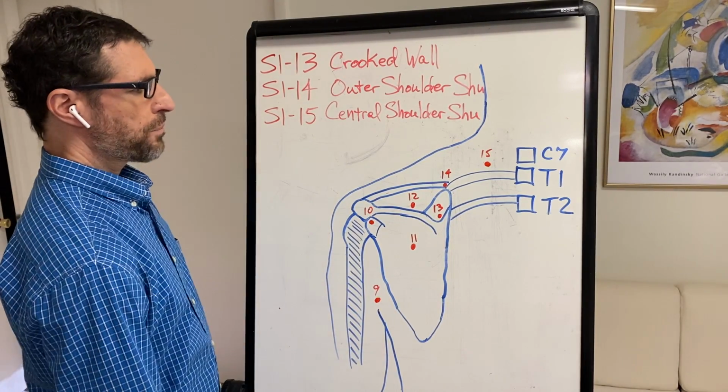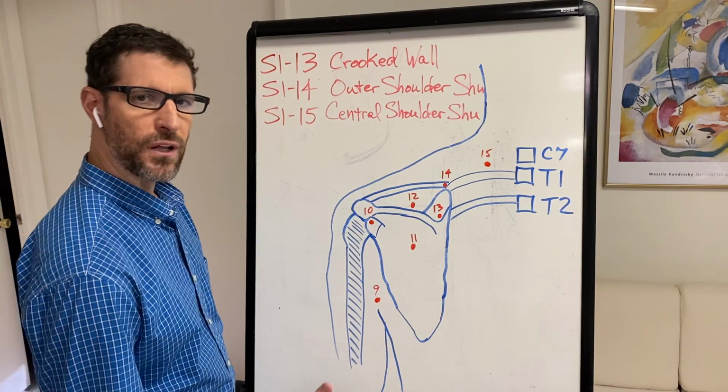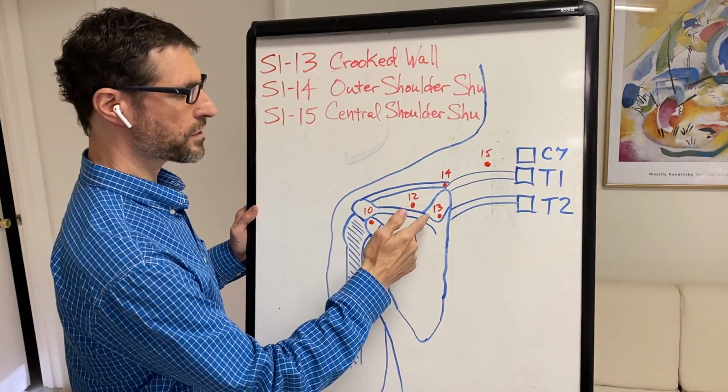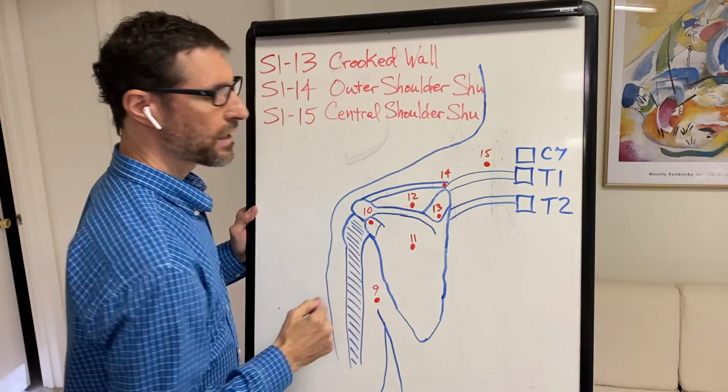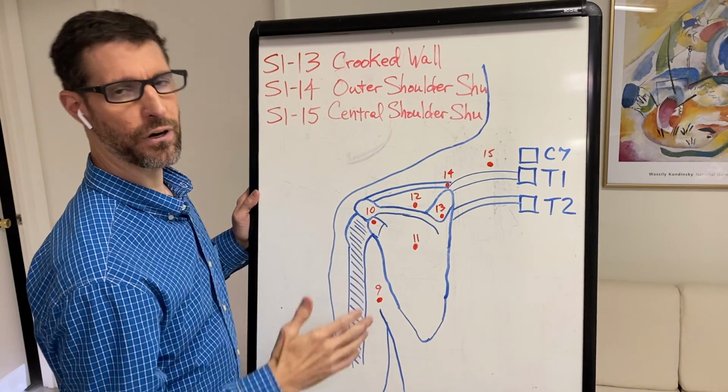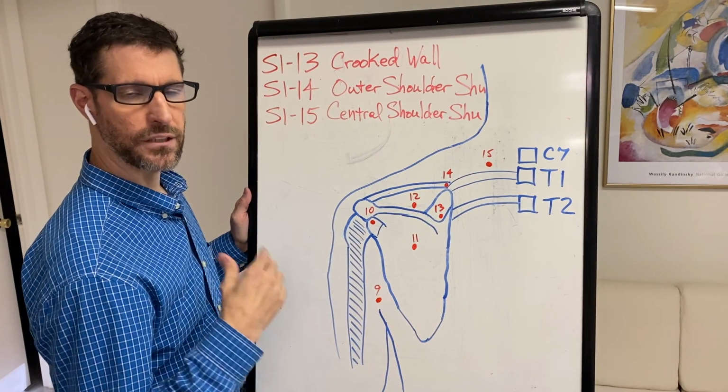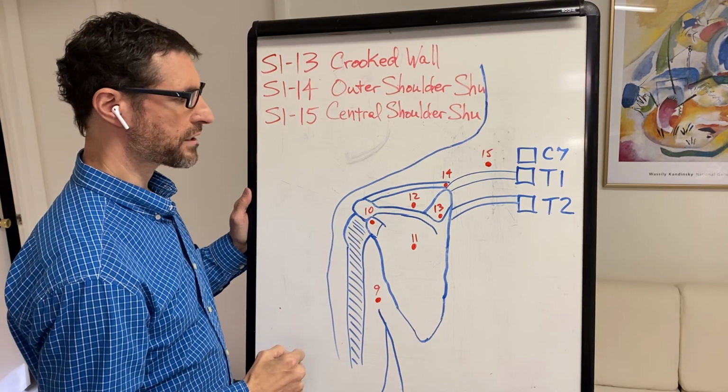Okay, these last 3 points that I want to talk about on the small intestine channel, small intestine 13, 14, and 15, these are some incredibly important points that I do extremely commonly in my practice.